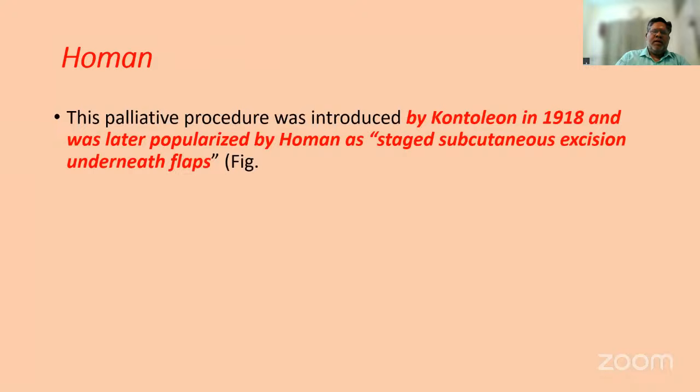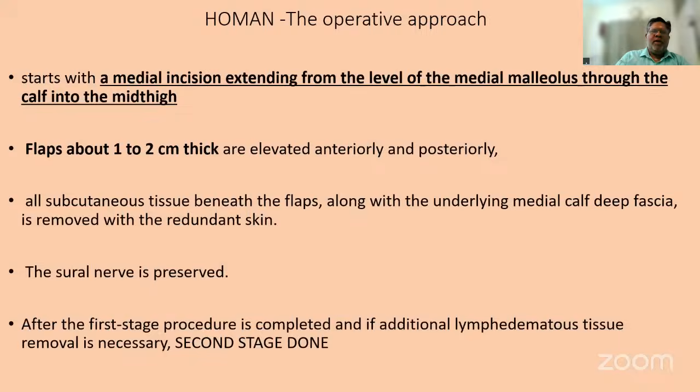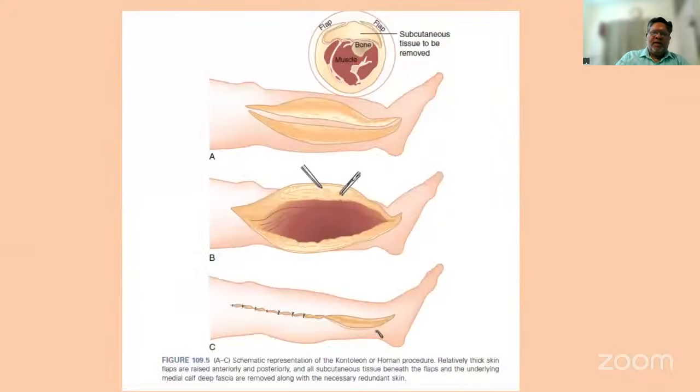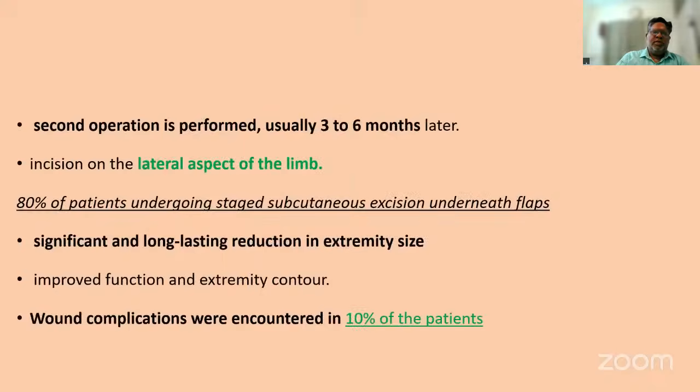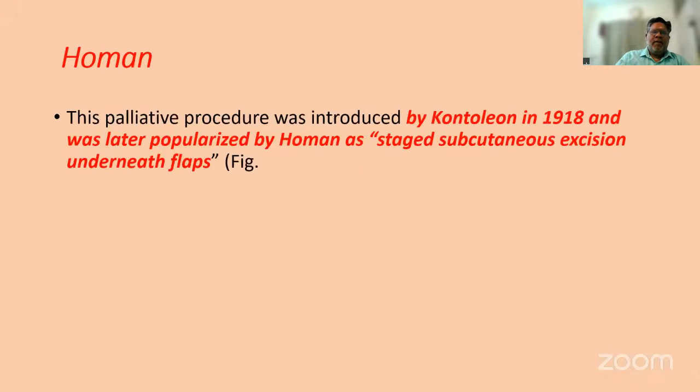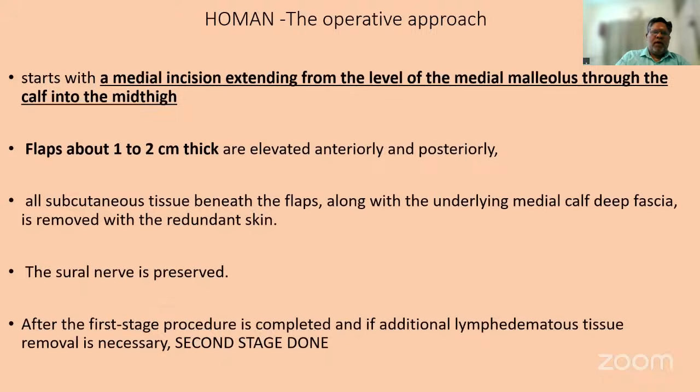Homan described a palliative procedure in which there is a staged subcutaneous excision, whereas in Charles it is a single stage excision. So in Homan, a long medial incision is given, and 1 centimeter thick flaps are raised, and the excessive subcutaneous tissue is excised. Okay. While raising the flaps, the sural nerve is preserved, and after excising the excess lymphatic tissue, the flaps are closed.